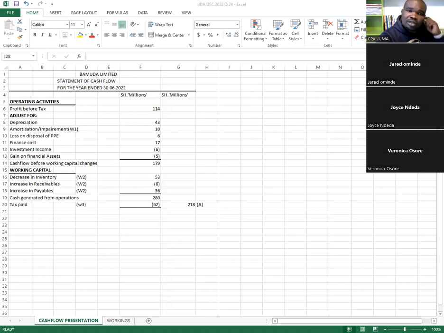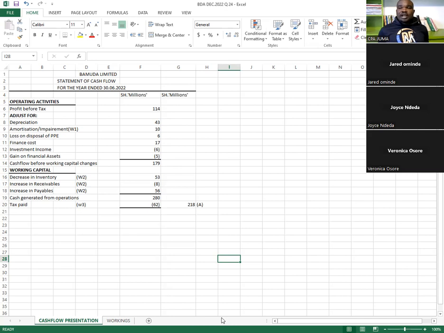In IAS number 7, it gives you a guideline on how to treat interest and dividends. The standard says that interest and dividends can be captured in any of the three: operations, investing, or financing, provided the entity applies it consistently from time to time.